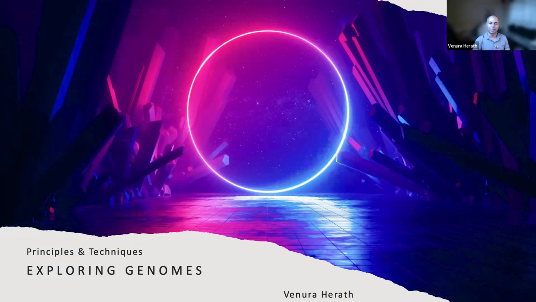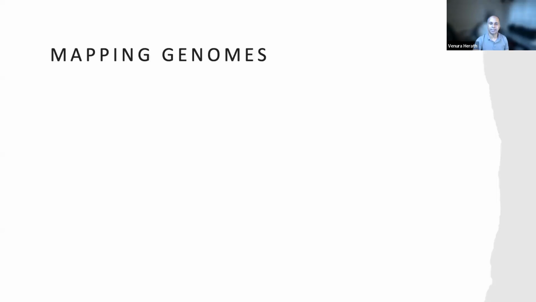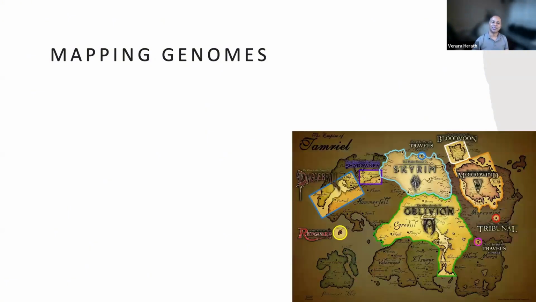So today we are jumping into one of the most interesting aspects of exploring genomes, that is mapping genomes. And I'm pretty sure the moment you hear about mapping, you visualize a map, like if you play games, especially if you're a fan of the Bethesda games, the Elder Scrolls or Fallout.